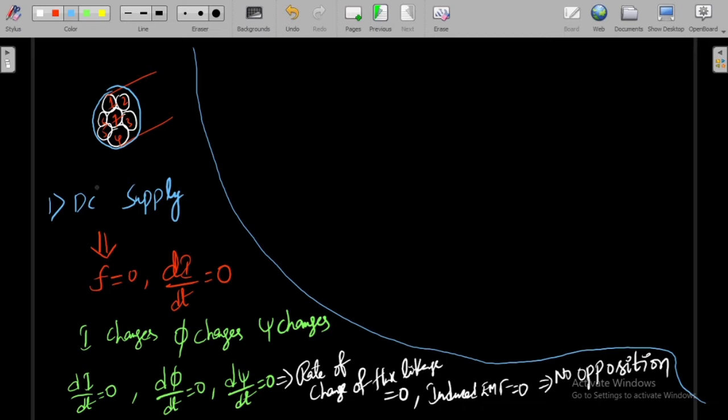It indicates that in case of DC supply we have uniform distribution of current, meaning the entire conducting area of the conductor is utilized. So A is nothing but the total area, not the effective area.